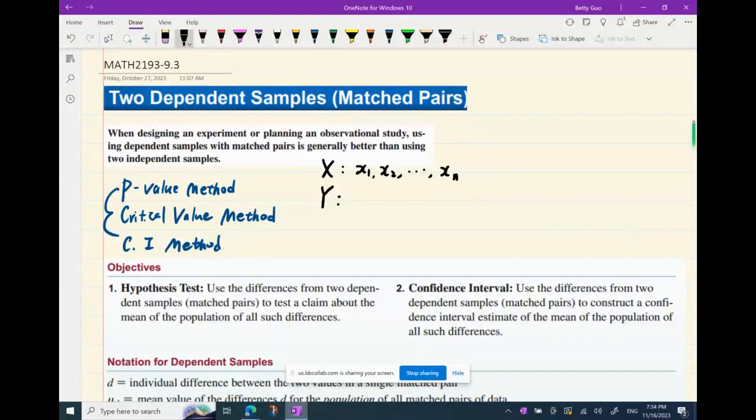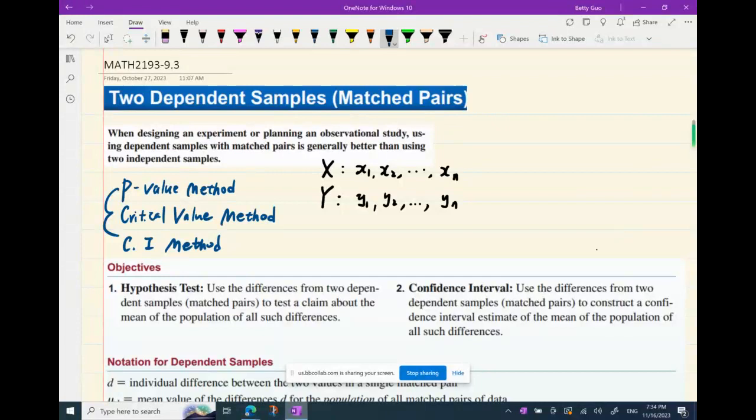And we are going to draw a simple random sample from variable y, from the second population as well. And the sample values can be written as y1, y2, y sub n, and they have the same size. And those values are matching.